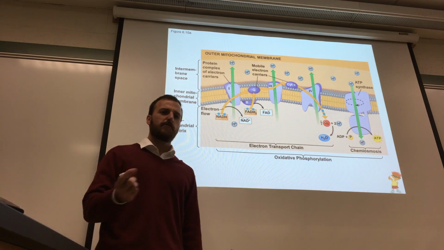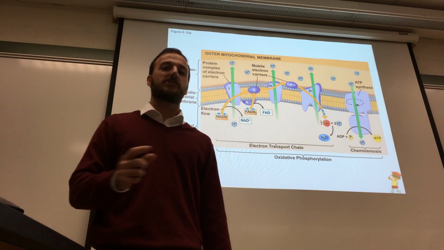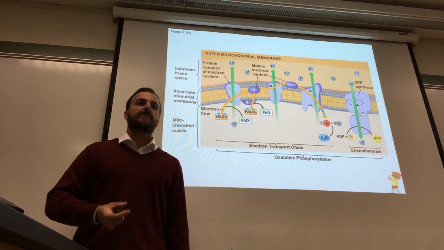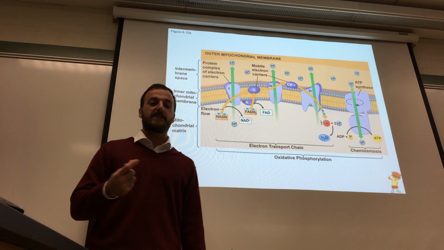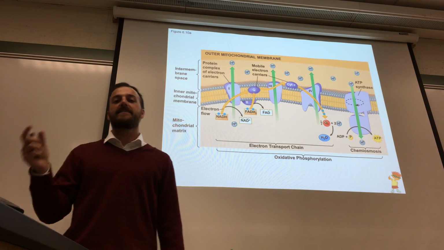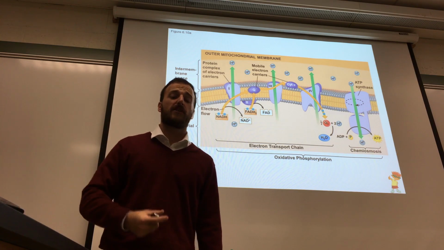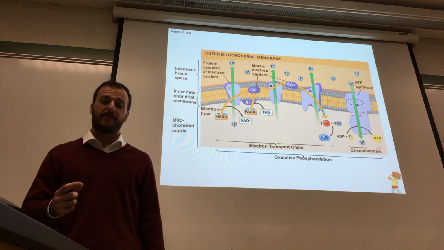Now, some of you may ask, what's the difference between NADH and FADH2? Okay, NADH and FADH2 have identical roles in that they are electron carriers. They are going to bring electrons to our electron transport chain.